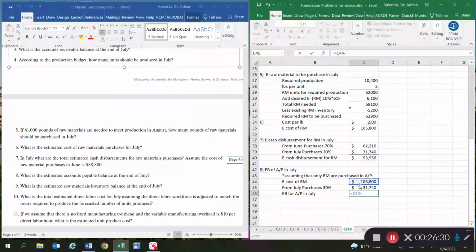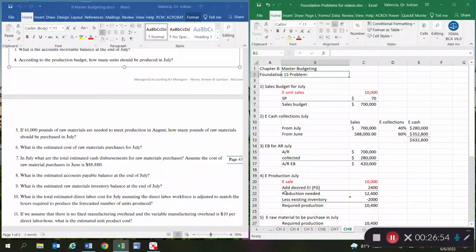So at the end of the month of July, our AP balance is expected to be $74,060. Now, I haven't been completely consistent with writing the E here, the expected or estimated, and really I try to emphasize that a lot because this is all based on expectations, right?